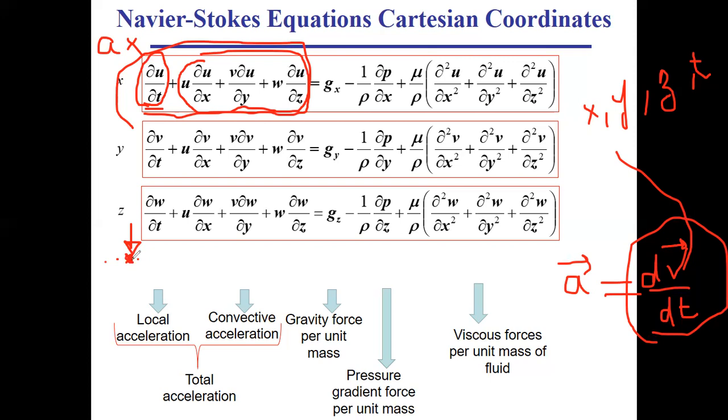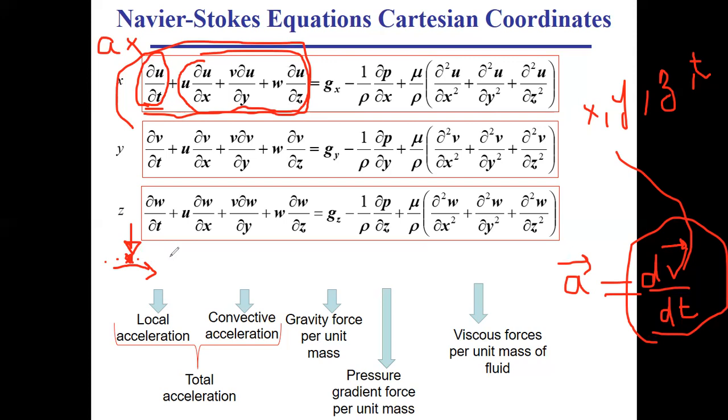Now, why do we have another type of acceleration, which is convective acceleration? Because if you have a particle moving in the domain, this particle will move from one location to the other. And if the velocity is changing with space, with location, then my particle will undergo acceleration or deceleration as it goes from one position to the other.